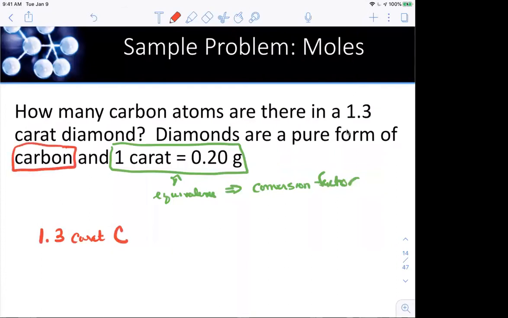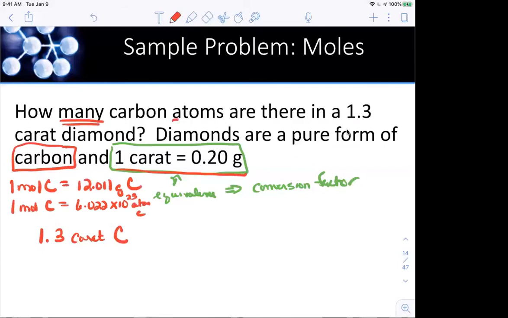In addition to this equivalence factor, I also know that 1 mole of carbon is equal to 12.011 grams of carbon, and that 1 mole of carbon is equal to 6.022 times 10 to the 23rd atoms of carbon. Notice how many carbon atoms. So this gives me a clue that I'm going to need to use Avogadro's number.